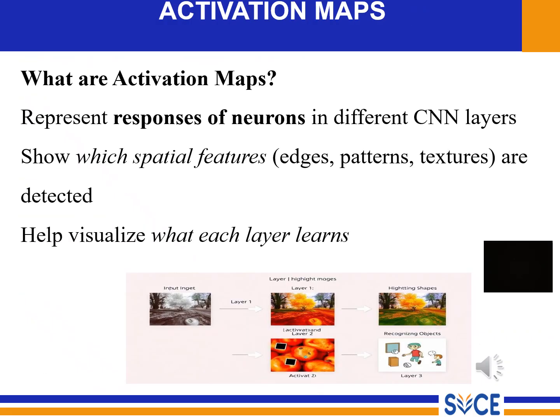Now let's move to activation maps. While GradCam shows where the model looked, activation maps show what the model learned. Each convolutional layer in a CNN outputs several activation maps. These are basically the responses of the neurons to the features in the image. Let us understand visually.